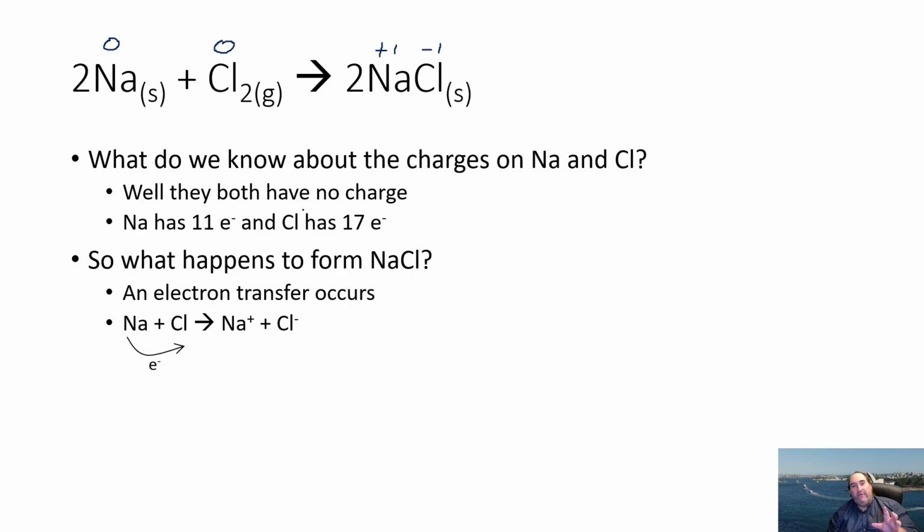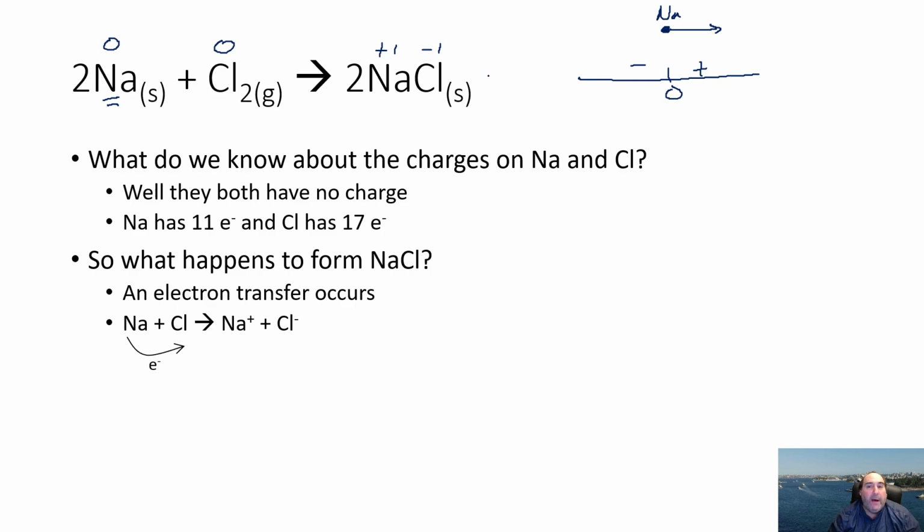So we can figure out what is happening here by, again, using our little number line. If we look at the sodium first, the sodium is starting right here at 0. And on the right-hand side, it's ending at +1, which means it is moving in that direction.